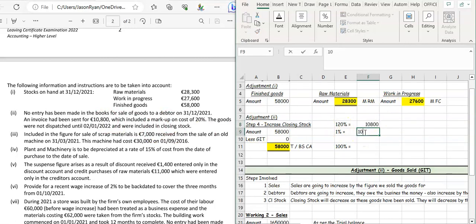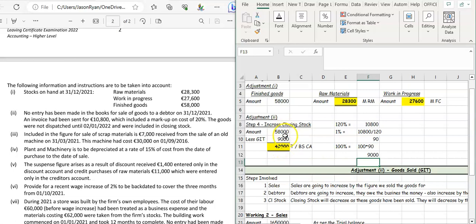So to find 1%, we're going to take 10,800 divided by 120. That's going to give us 90. So we're going to multiply the 90 by 100 to get 100%. So 9,000 is going to be the closing stock that we sold.